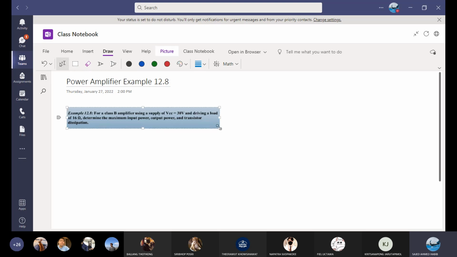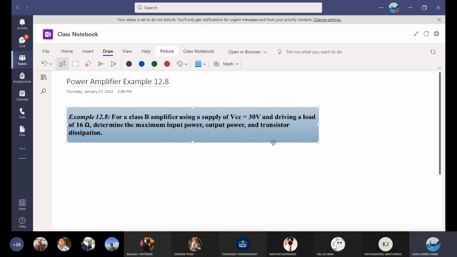Let me just expand. There are three things that the question is asking: maximum input power, output power, and transistor dissipation.